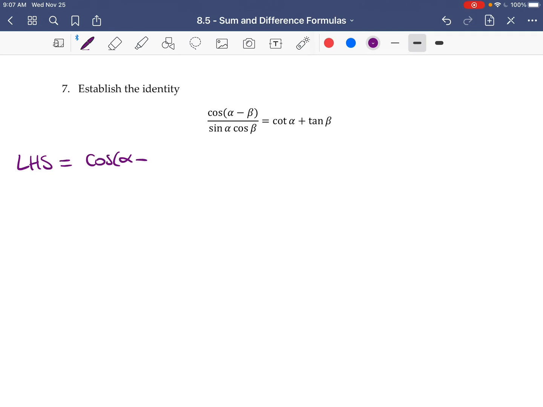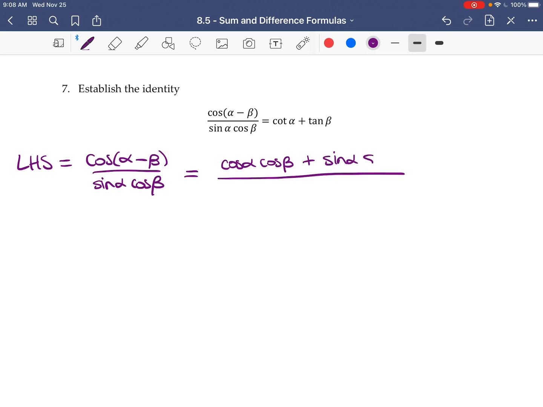So cos of alpha minus beta over sine alpha cos beta. Using the difference formula for cosine, I know that the top is going to be cos alpha cos beta plus sine alpha sine beta, and that's over sine alpha cos beta.